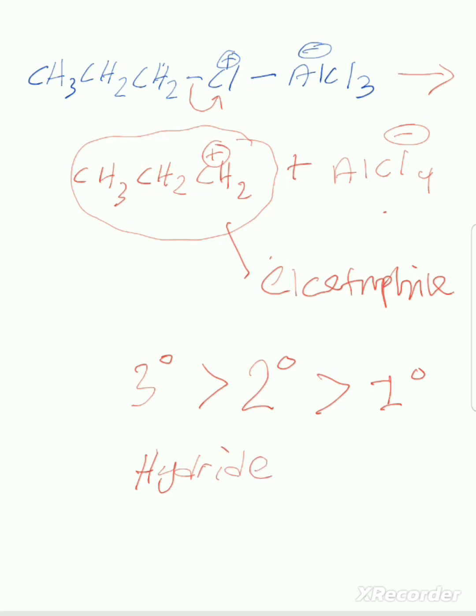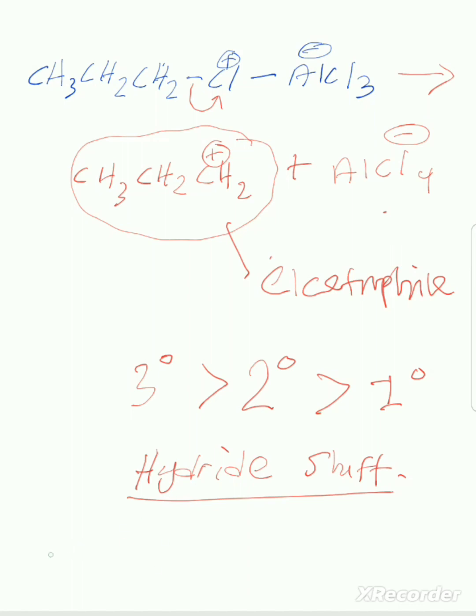But it's not always that you are going to be using a hydride shift. Sometimes you can use a methanide shift. A methanide shift is when a methyl group is shifting to make that carbocation very stable. But here, a hydride shift is when a hydrogen is shifting to make it more stable.